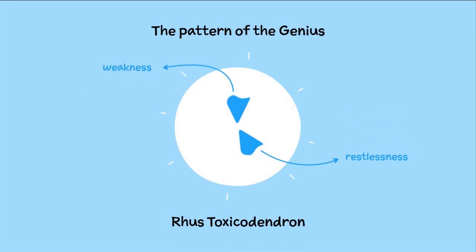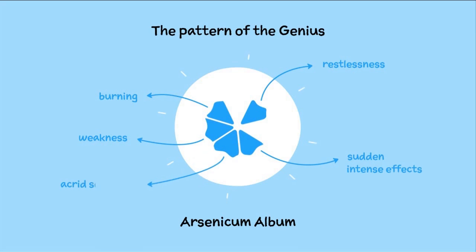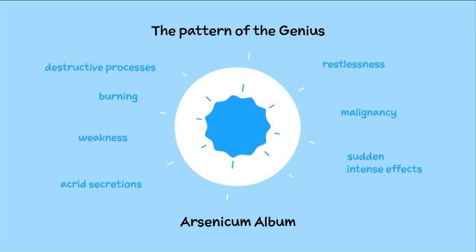In order to make the genius relevant, we need to expand its expression to reveal the larger pattern of general traits of the remedy. For example, in arsenicum album, along with weakness and restlessness, we have burning, sudden intense effects, acrid secretions, destructive processes, and malignancy. Altogether, these form the pattern which is the genius of arsenicum album.